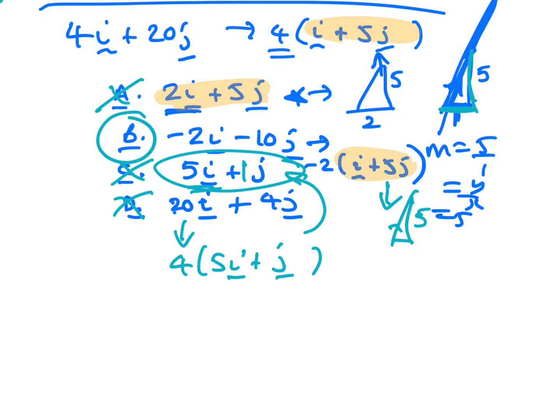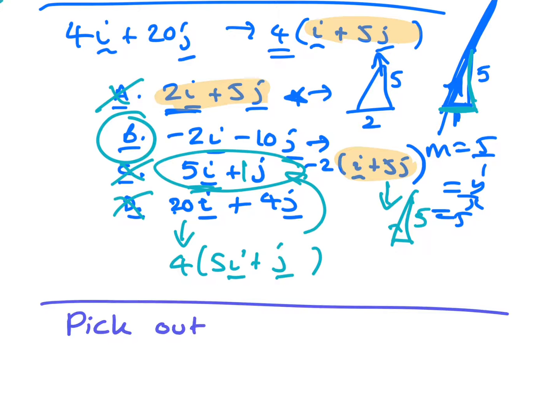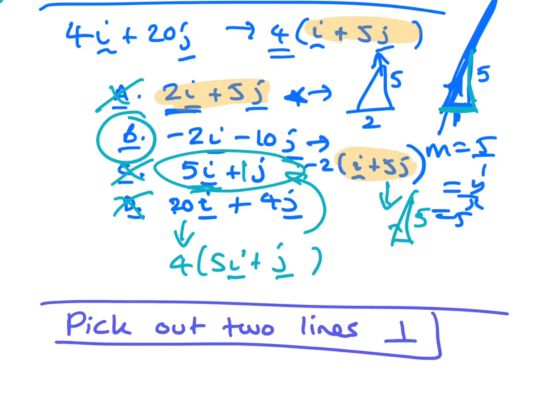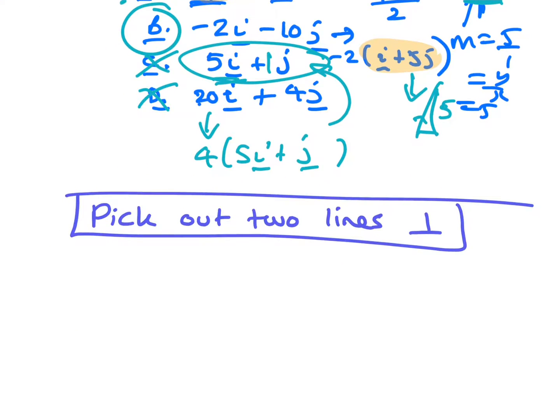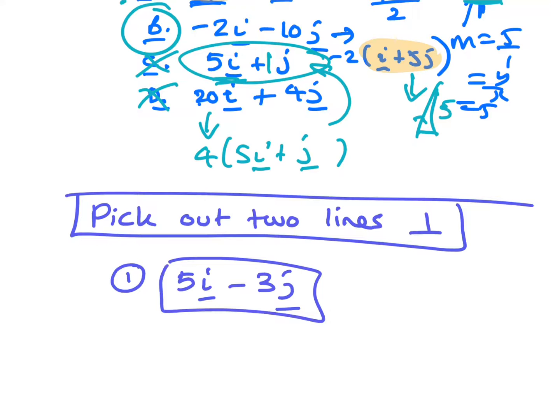Now, just with perpendicular, their dot product is 0, but if you had to pick out two lines that are perpendicular, just by looking at their position vectors or finding their position vectors, then you can see whether they are perpendicular.